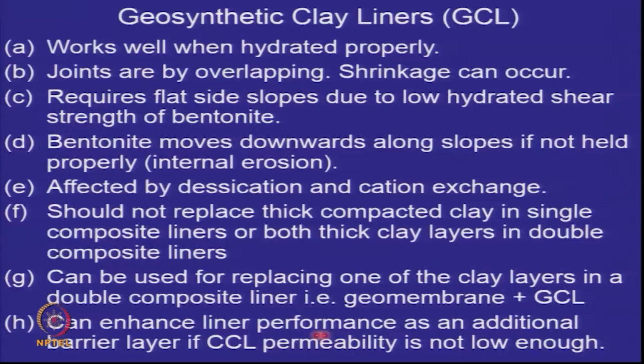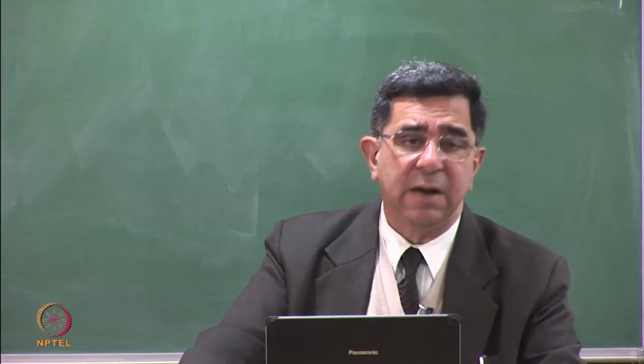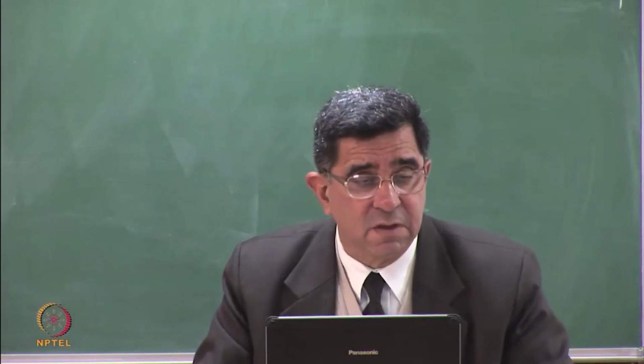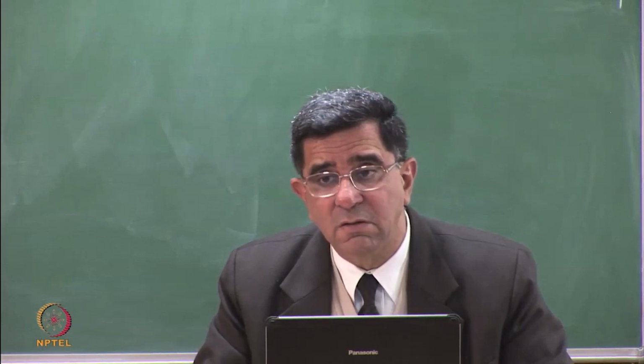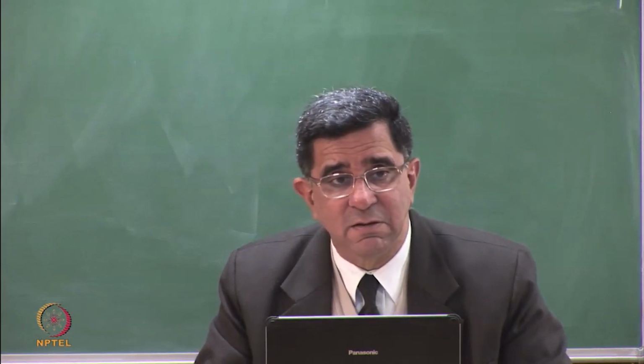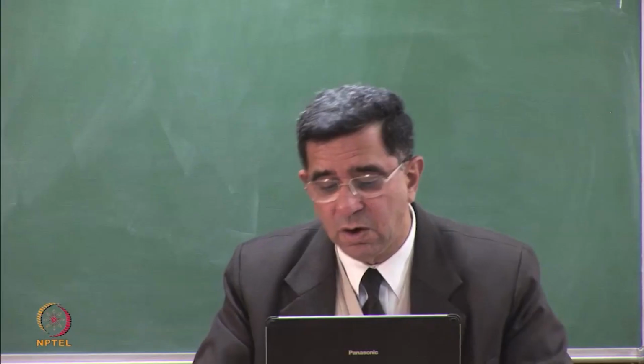So it can enhance liner performance as an additional barrier layer if CCL permeability is not low enough. This is an area of intense research nowadays. They have been around for 5 years now, and there are definitely some good examples of their performance, but the debate about whether all thick clay elements can be replaced by thin GCLs is still going on.